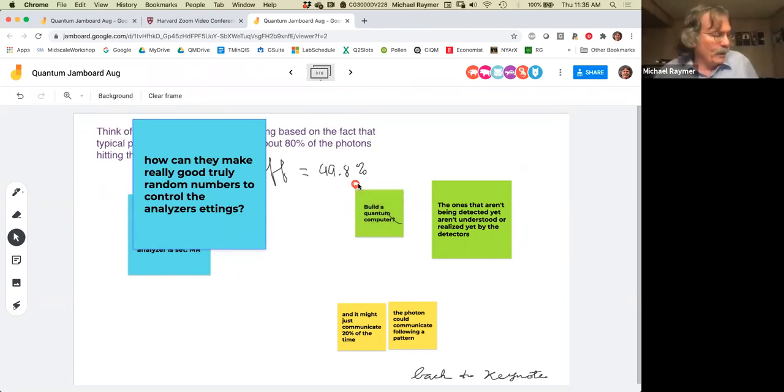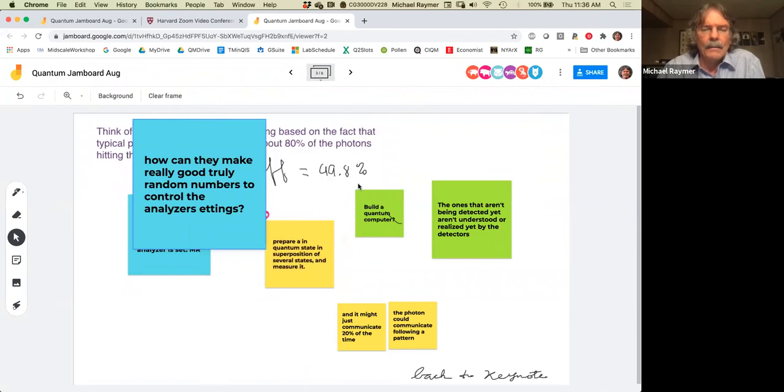Build a quantum computer. Well, we don't have quantum computers, so they didn't use that, but they used something a little bit similar to that. They can't use a regular computer because regular computers just follow algorithms.